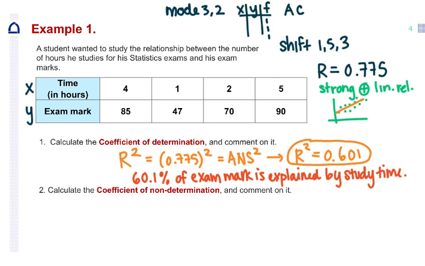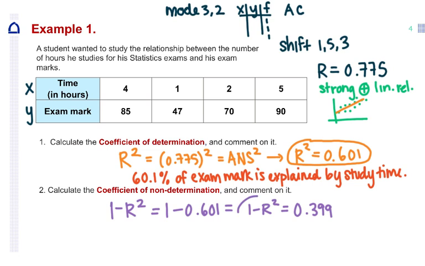Now, when they ask for the coefficient of non-determination, that is 1 minus r squared. So we will do 1 minus 0.601. We'll get that the coefficient of non-determination, 1 minus r squared, is 0.399.